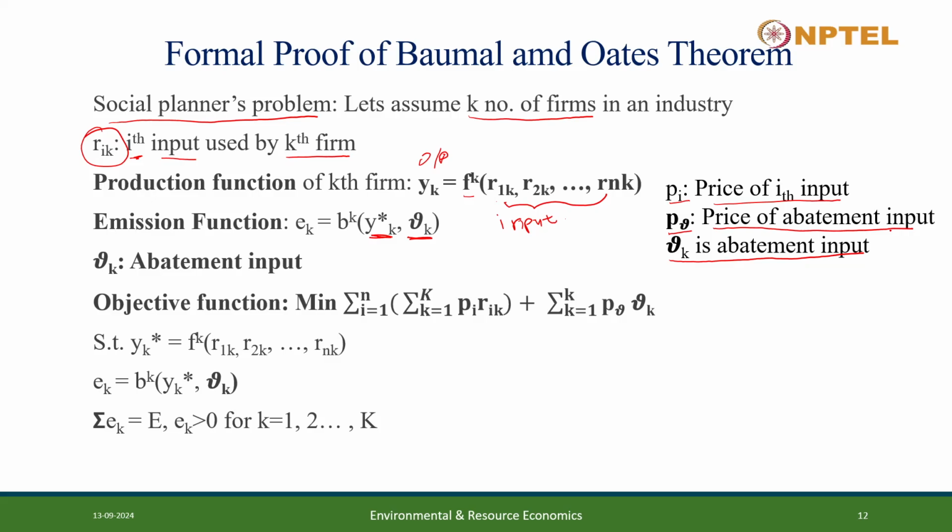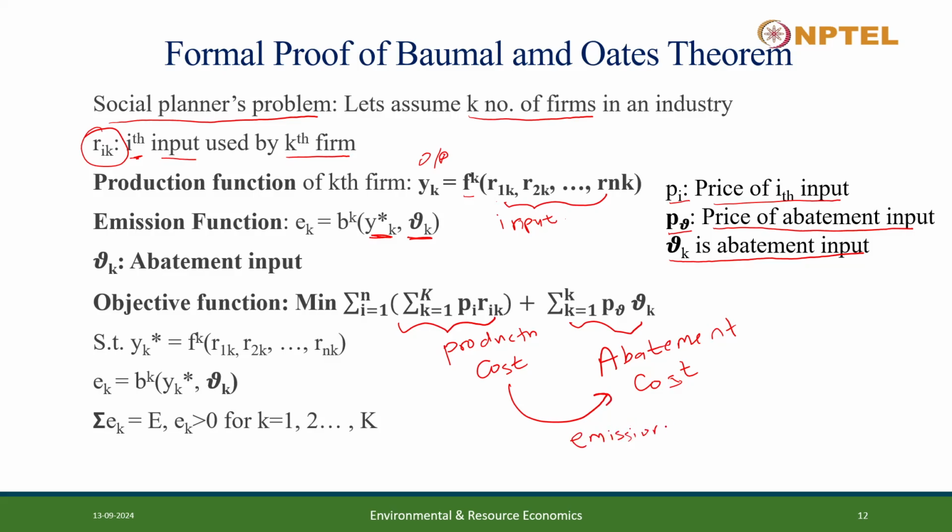So now the objective function will include the production cost and abatement cost. The social planner will think about the cost of abatement of pollution because of this production, right? The production will produce some emission which we have to abate. So there will be some cost. From here we get two components.